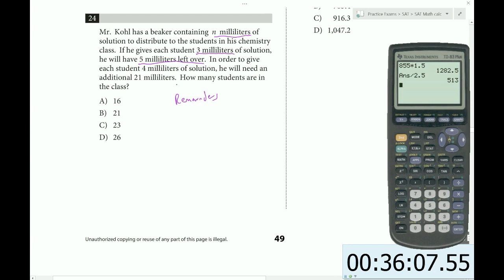Okay. So, we take n milliliters, and we give each student 3 milliliters. So if we divide that by 3 milliliters, then we'll get the number of students here.